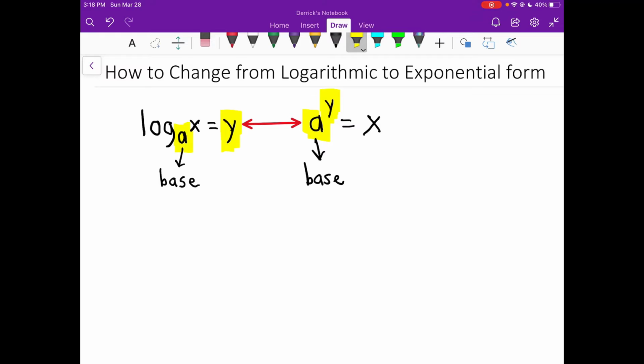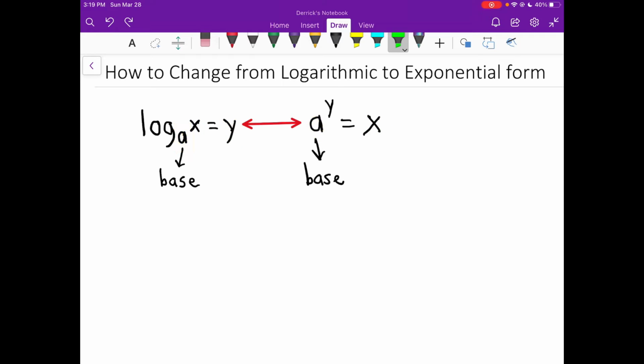Whereas the x that was with the base, because it's what we were taking the log of, is going to be by itself on this one. So that's how I say it: your bases stay bases, and then you just switch places with your other two terms. Whatever was with the base will be on its own on one side of the equation in the other form.